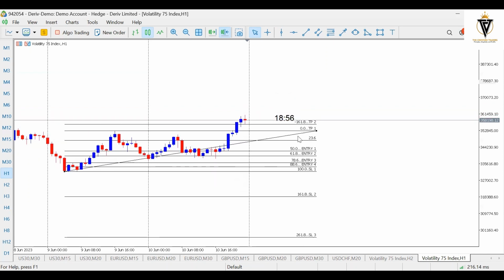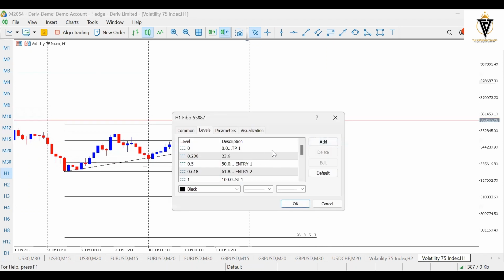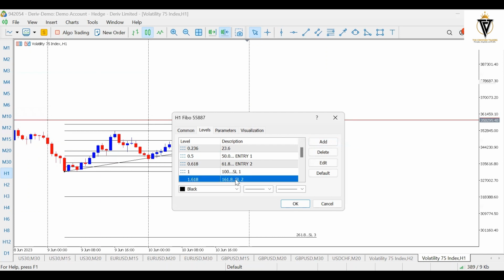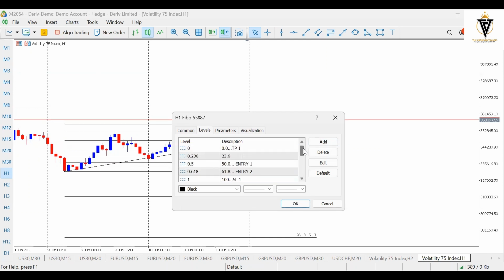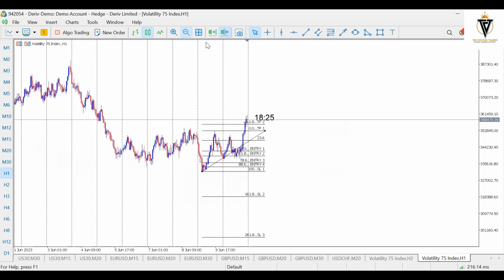Beautiful. So we can now use this to properly trade our structure and take trades based on our higher highs and higher lows, and use this to place our stop loss and take profits.